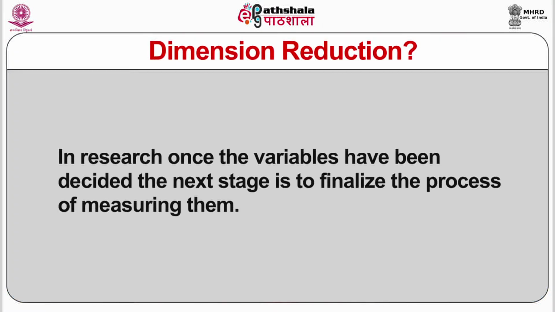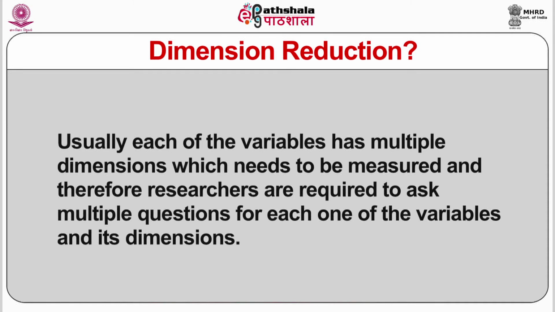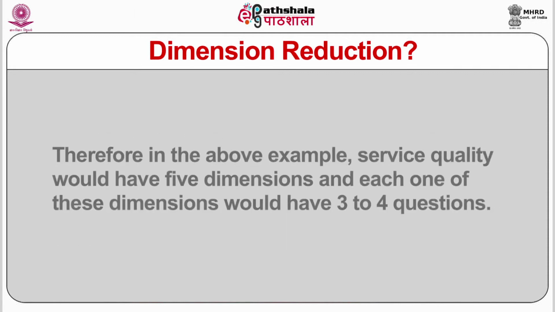In research, once the variables have been decided, the next stage is to finalize the process of measuring them. Usually, each of the variables has multiple dimensions which need to be measured, and therefore the researchers are required to ask multiple questions for each one of the variables and its dimensions.